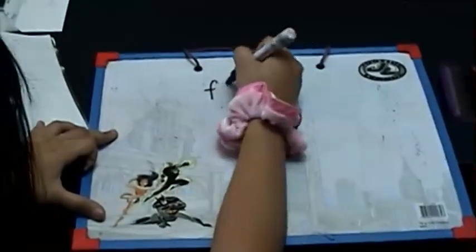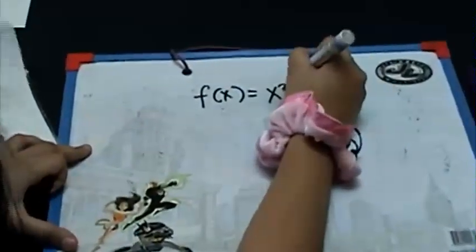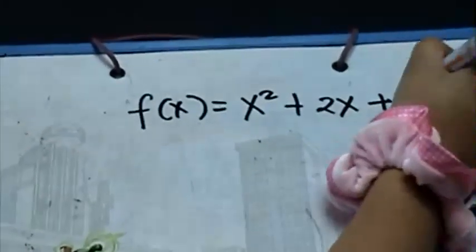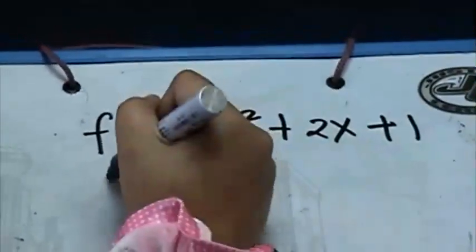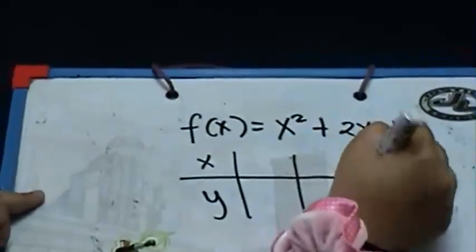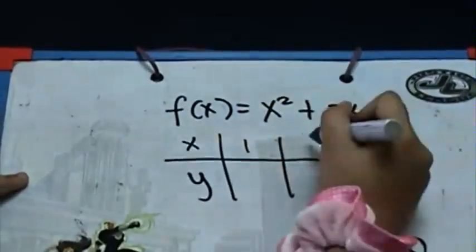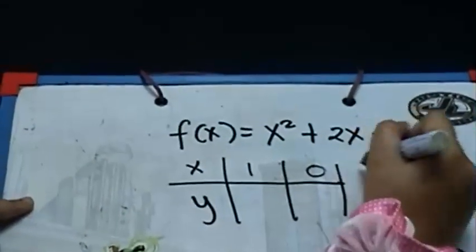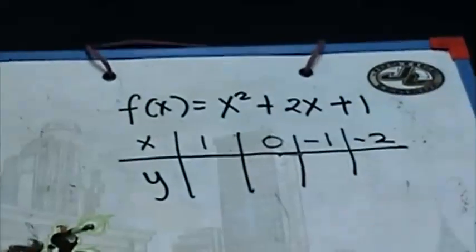If f of x is equal to x squared plus 2x plus 1, let's try solving for this. So let's make a table first. Let's say if x is 1, 0, -1, and -2.